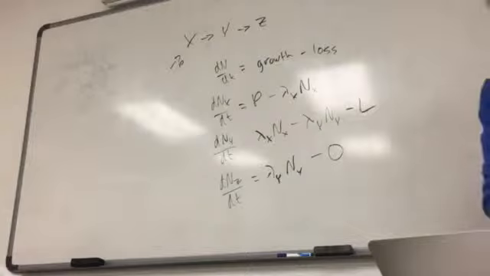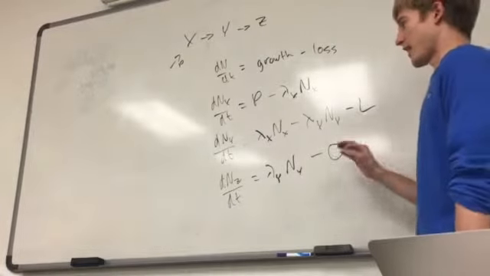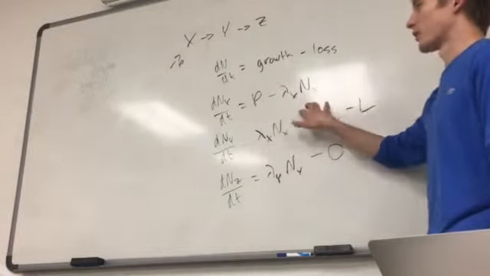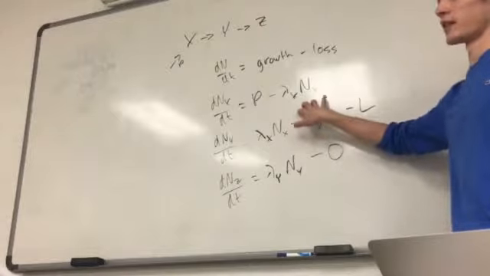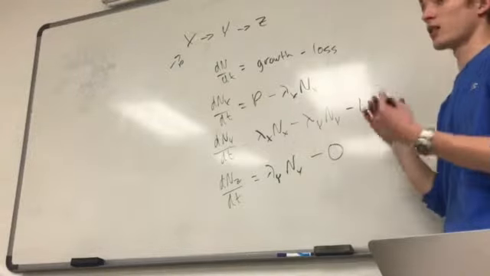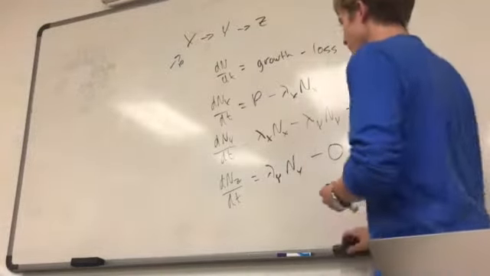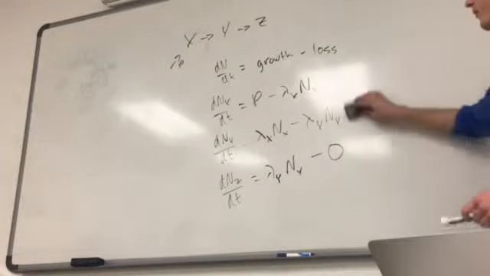So that's like a process loss. I guess the big takeaway from this is not every one of these terms is something physics related. It could be something that you're doing to the population.